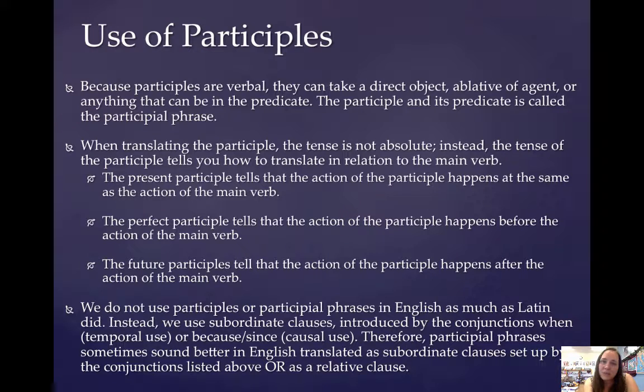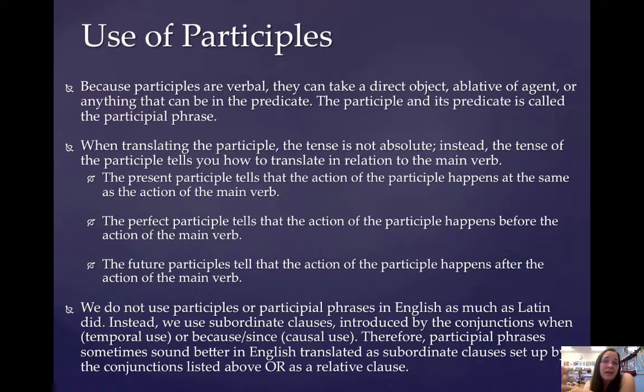A present participle is telling you that the action of the participle happens at the same time as the action of the main verb, which means that the present participle can sometimes translate as a perfect in English. So you could say something along the lines of, having heard the noise, the girl ran from the house.